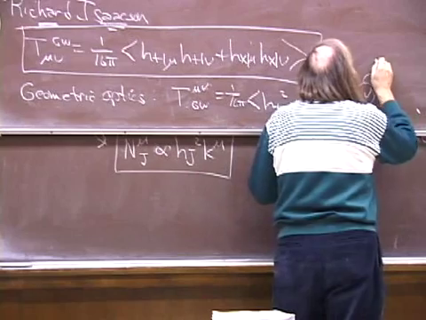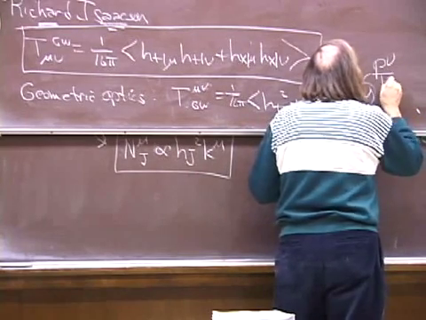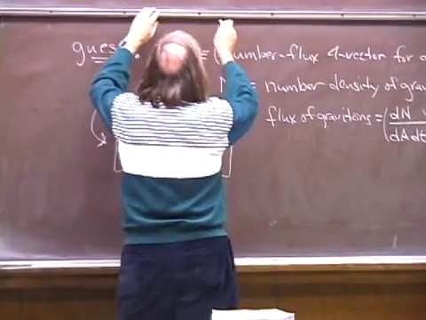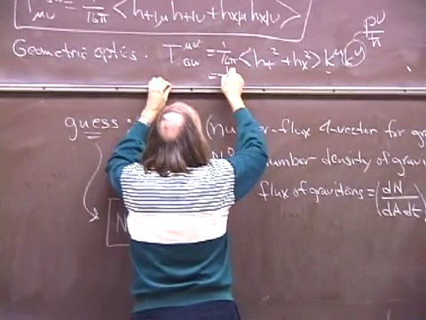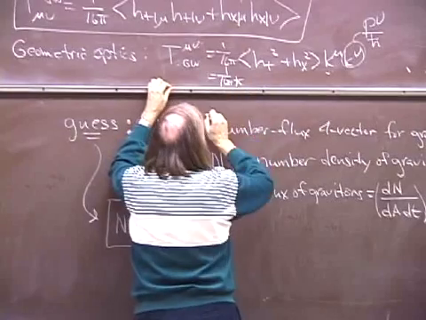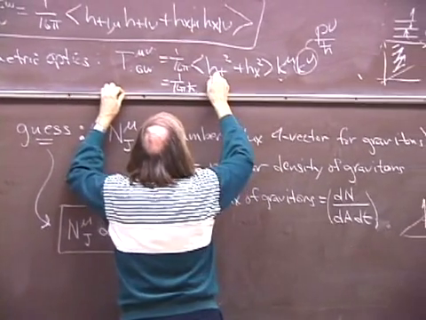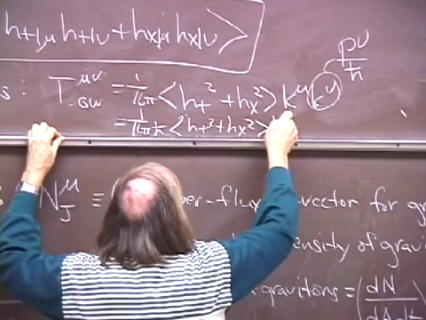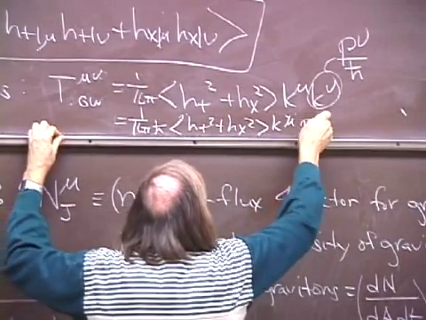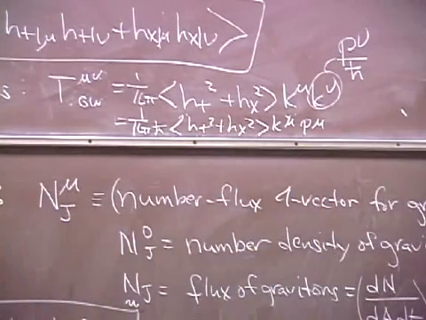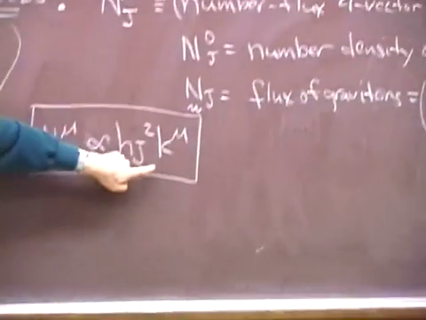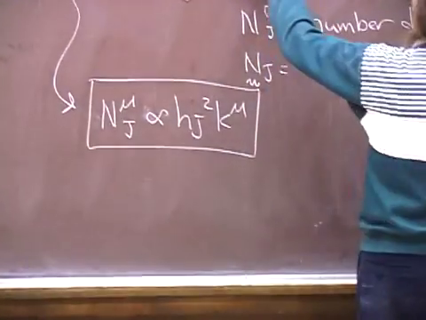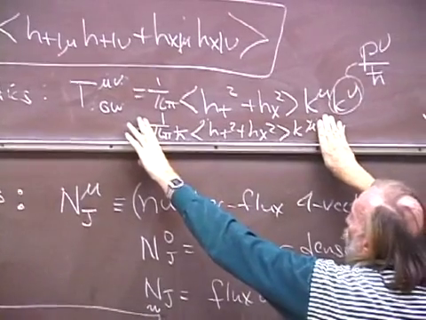If I now note that k nu is the formal momentum of a graviton divided by h bar, I can rewrite this as 1 over 16 pi times Planck's reduced constant times h plus squared plus h cross squared k mu p mu, which is just the form that I had down here. And you see that, in fact, if you think about it, this is the number flux vector for the gravitons.